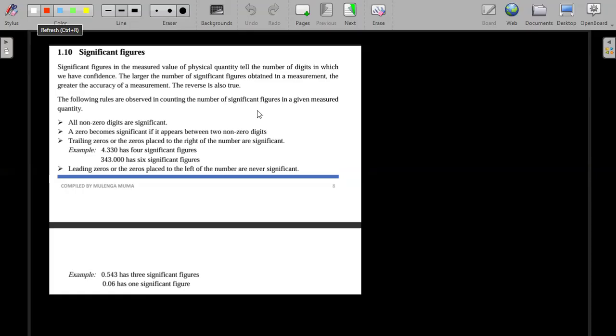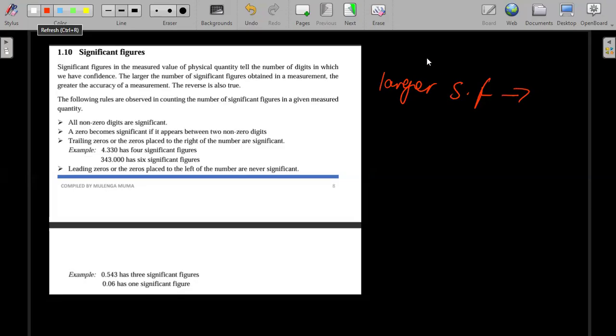Okay, so significant figures are simply a measure of a physical quantity that helps us tell if we are accurate enough. If you have a large number of significant figures, say in an experiment, that tells you that you are more accurate with the values you're obtaining.